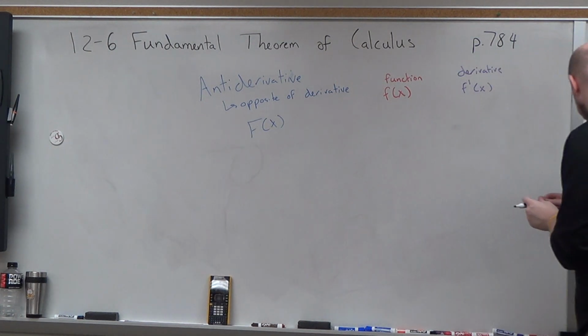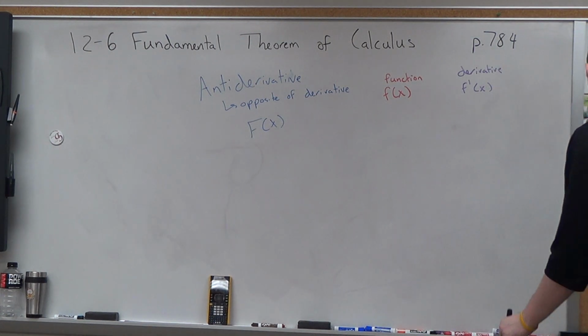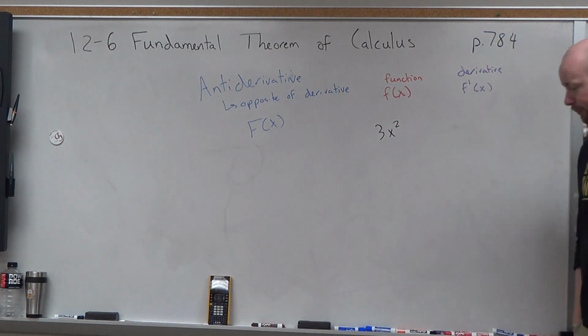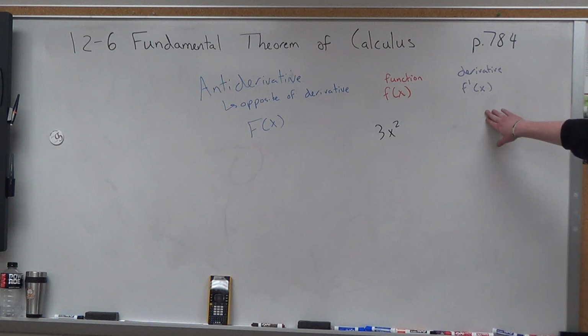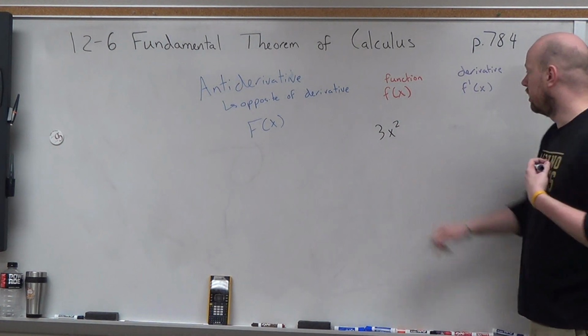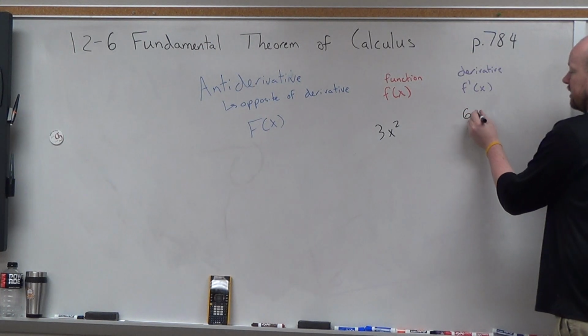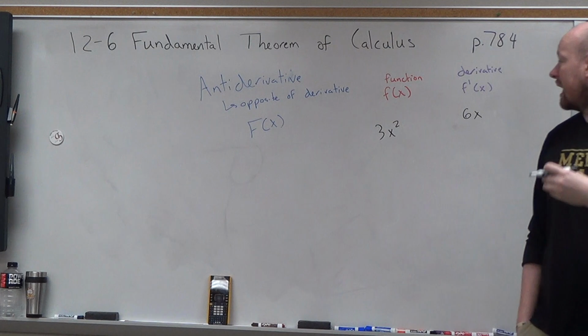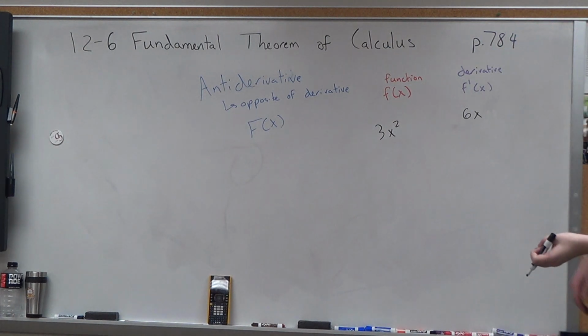So, for example, let's say we have a function 3x squared. Now our derivative said that we would take our power and multiply it out front. So my derivative would be 6x and my exponent would go down 1. Okay. The antiderivative does the opposite.